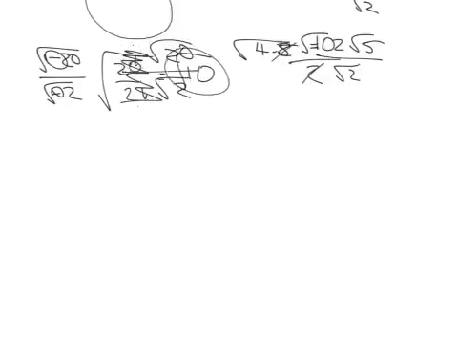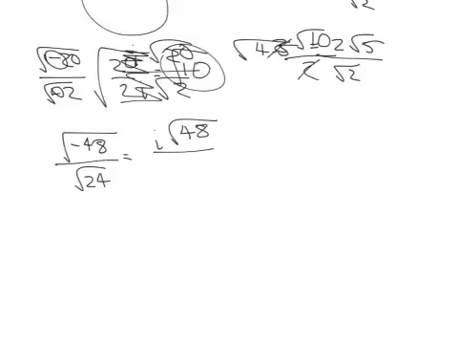All right, last one in this kind of example is the square root of negative 48 over the square root of 24. And again, we get that negative sign out of there. And then we simplify our square root of 48. But I'm going to try what I did a minute ago.